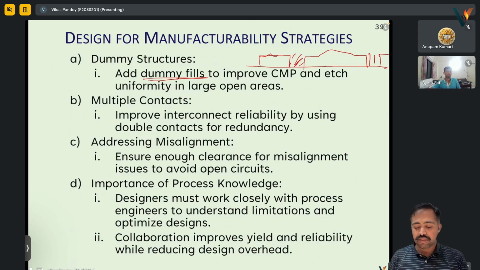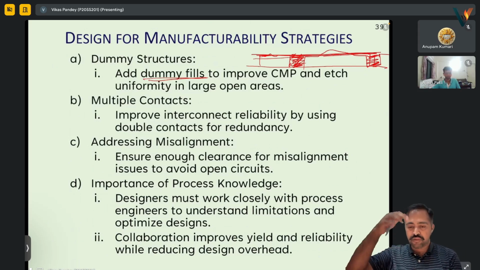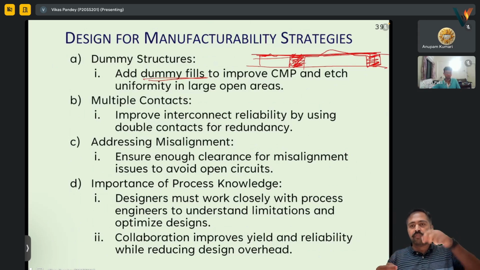So sometimes a dummy filling is done. It is filled with a material that we can easily remove afterwards, say just dip in water and it will remove, or dip in acetone and it will remove. Then we do the planarization, and we will get a better output, so that the abrasive material doesn't get inside the structures.